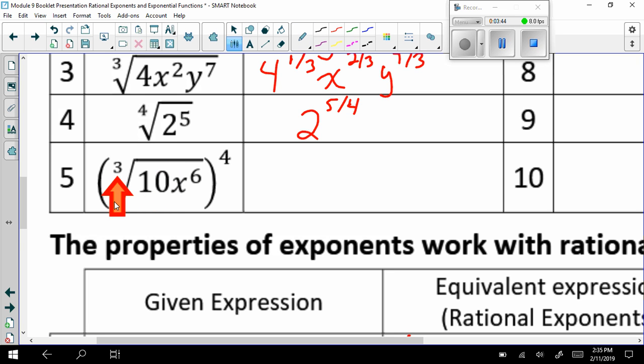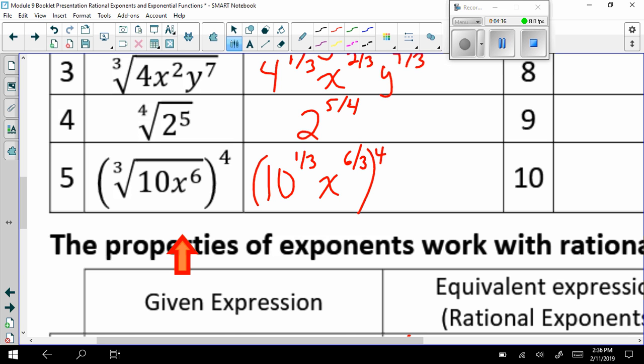And then in number 5, we would say this as the 3rd root of 10x to the 6th, all to the 4th. I'm going to take this in 2 steps. I'm going to do the 3rd root first, and then the to the 4th part. So I'm going to look at each base. 10 has an exponent of 1 and a root of 3. X has an exponent of 6 and a root of 3.